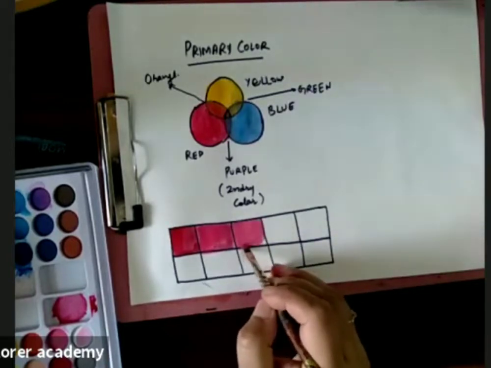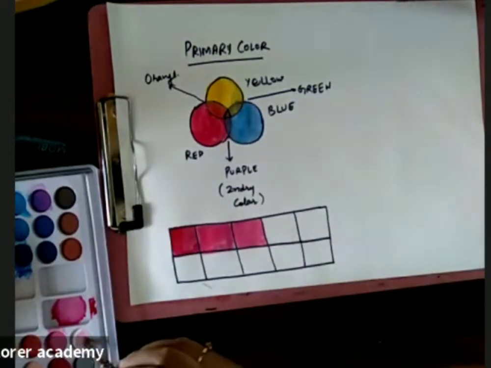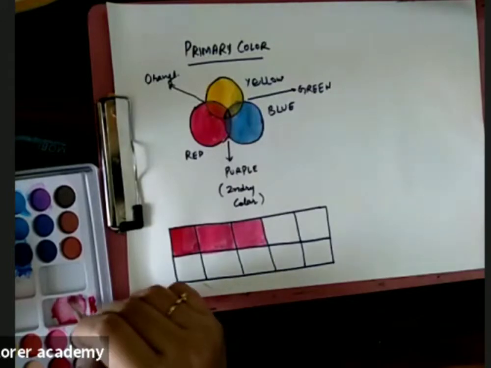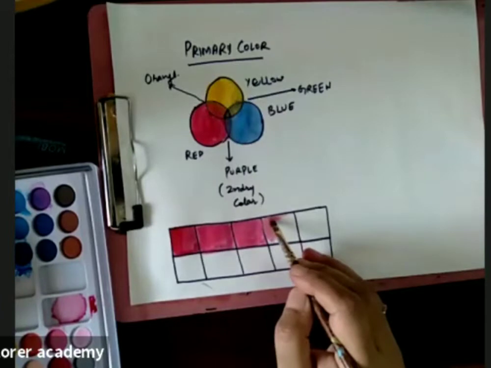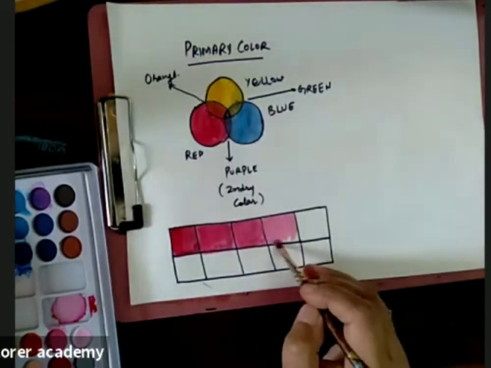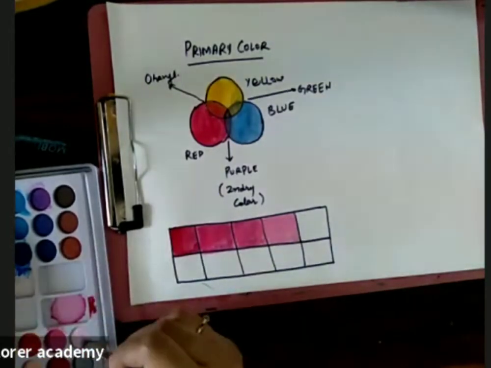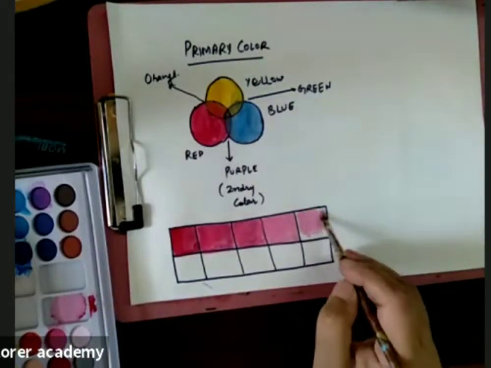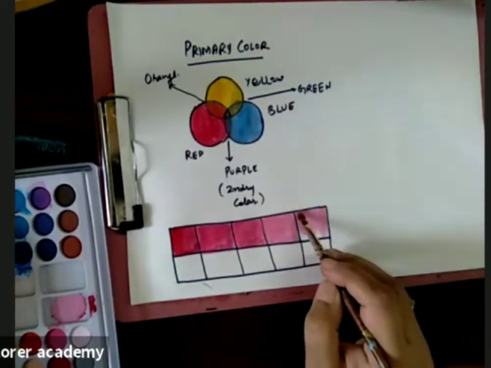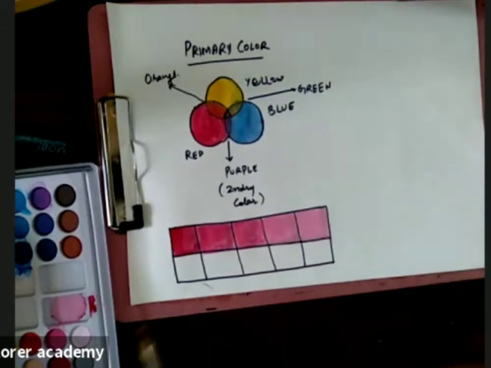So just keep increasing the quantity of white. So now I have added more white in the red. So this is how you get the gradation of the color. The same color, but many different shades.